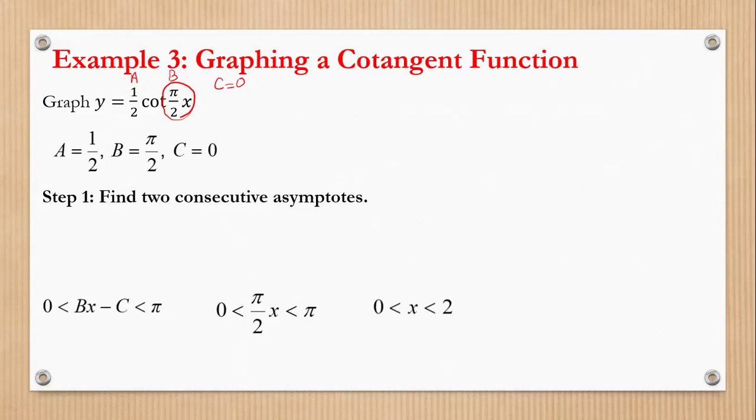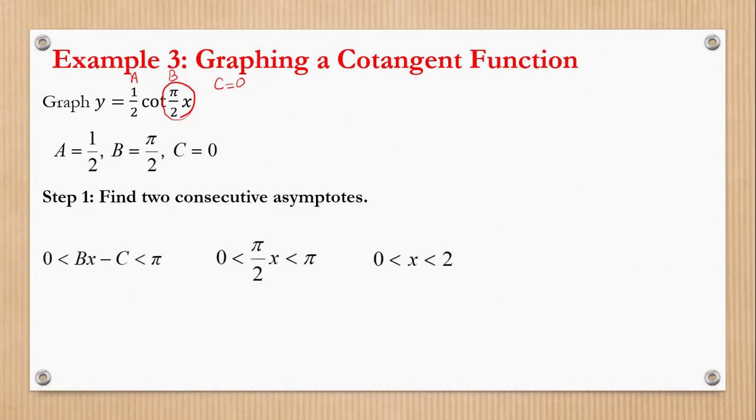So if we set pi over 2 x equal to 0 and solve for x, you need to divide both sides by pi over 2. And if you divide 0 by any number, you just get 0. So that's one of your asymptotes. You also need to set it equal to pi.